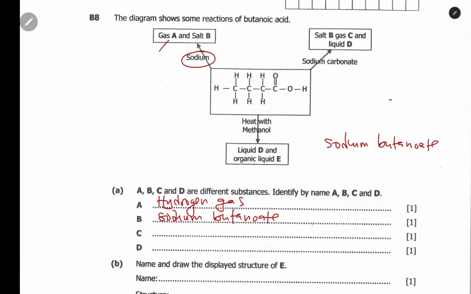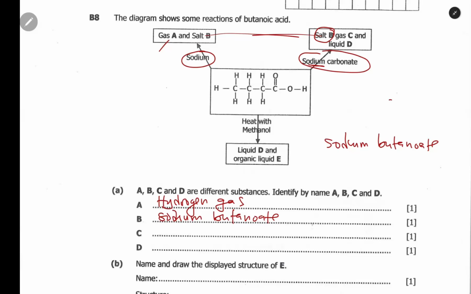Then for C, a carbonate, when it reacts with the acid, it forms three things: a salt, carbon dioxide, and water. So the salt, because of sodium, is still sodium butanoate. That is the reason why these are both B. So they are both sodium butanoate.